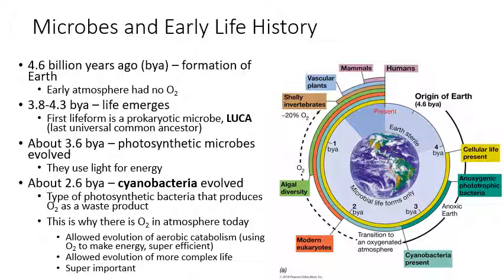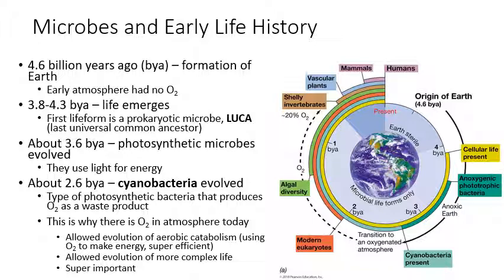And the name we give to that life form is LUCA. LUCA stands for Last Universal Common Ancestor. So LUCA would have been the organism from which all life on Earth today is descended. So every organism has LUCA as its earliest ancestor, basically.